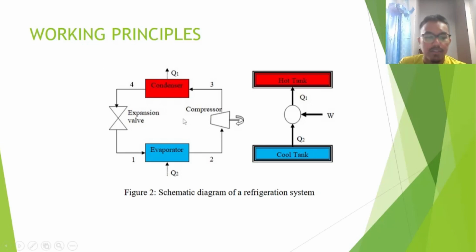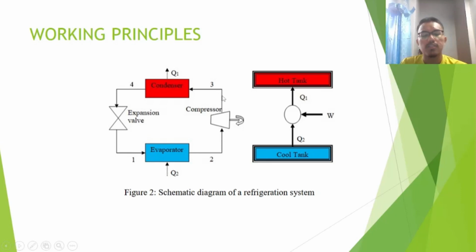After that, it reaches the capillary channel where the throttling effect causes the pressure and the temperature to drop. The low temperature refrigerant then goes into the evaporator where it absorbs heat from the refrigerated space and evaporates. The cycle is considered complete when the refrigerant leaves the evaporator and re-enters the compressor.